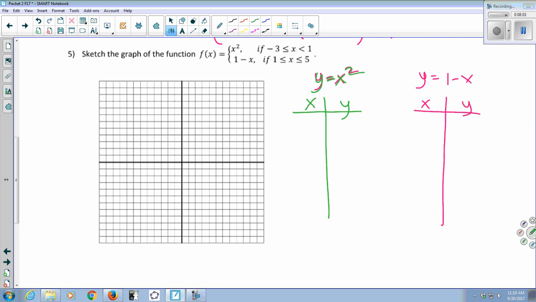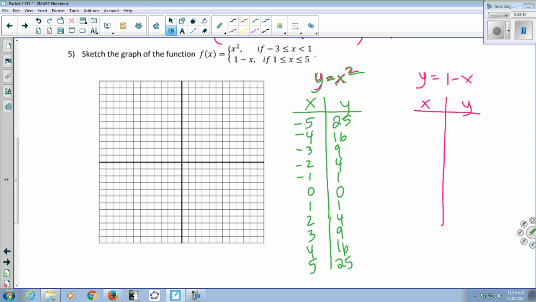Okay, so for x squared, my domain looks like -3 to, I'm just going to go -5 to 5. So -5, -4, -3, -2, -1, 0, 1, 2, 3, 4, 5. And figure out the y's, and then I'm going to plot them all. So I have 25, 16, 9, 4, 1, 0, 1, 4, 9, 16, 25.